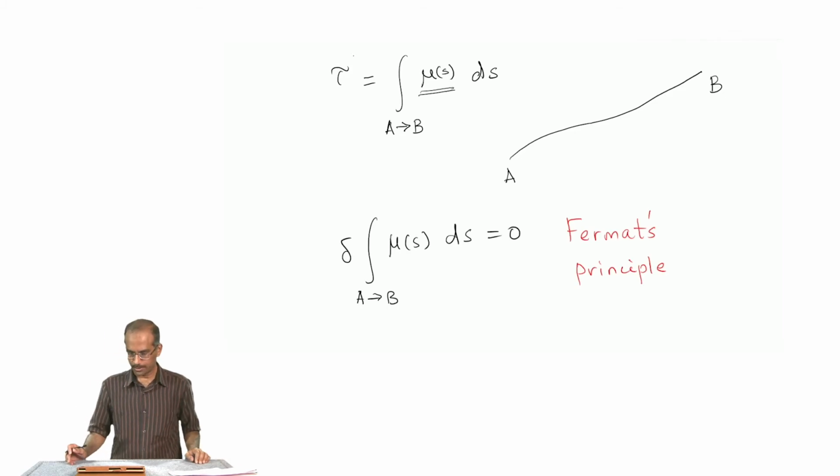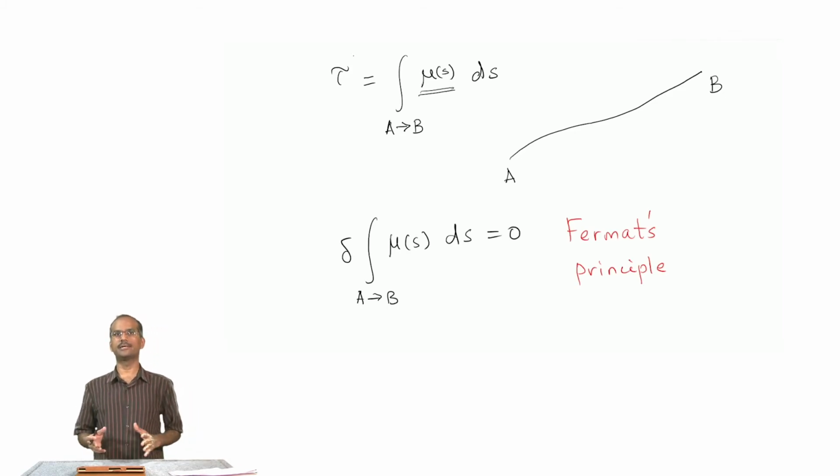Fermat's principle can be mathematically written in the following way. I have written it here for you. The variation of this integral is 0.